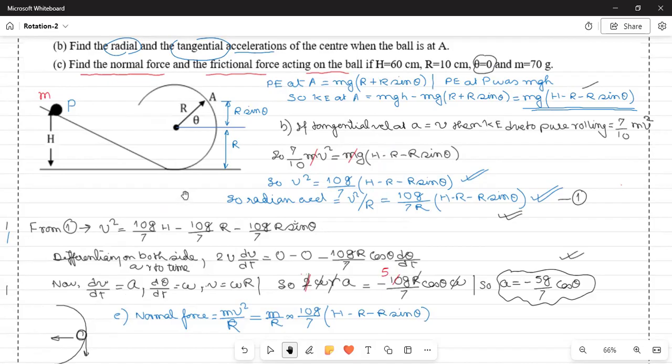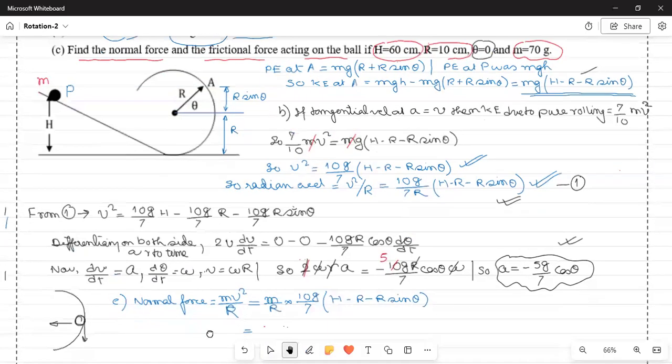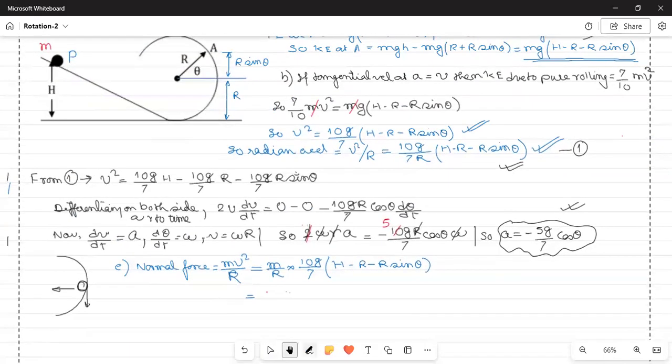M is given as 70 gram, theta is 0, R is 10 centimeter, and H is 60 centimeter. So we have to just put these values here.